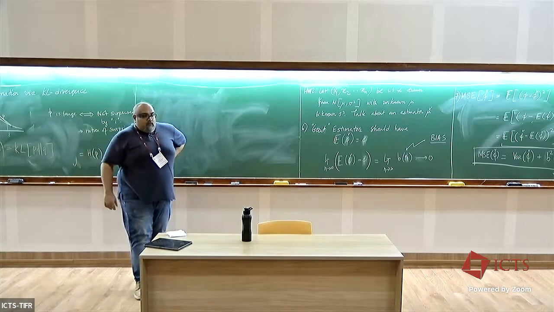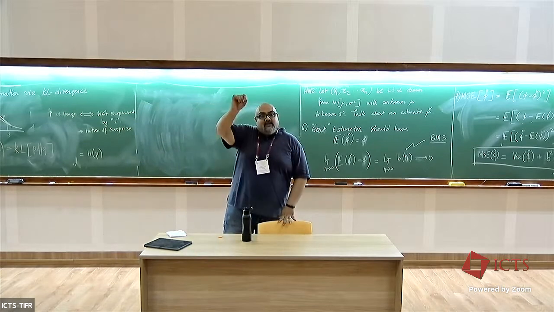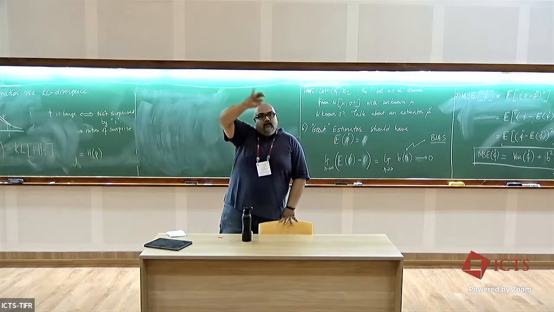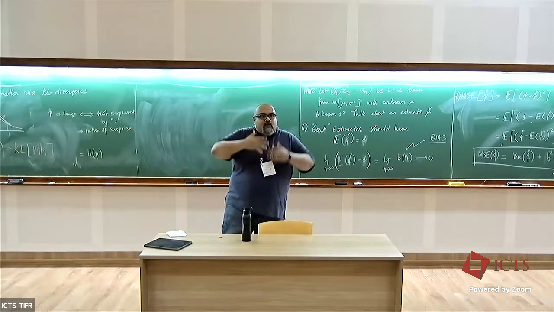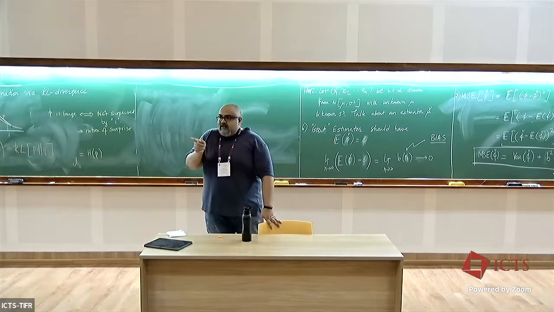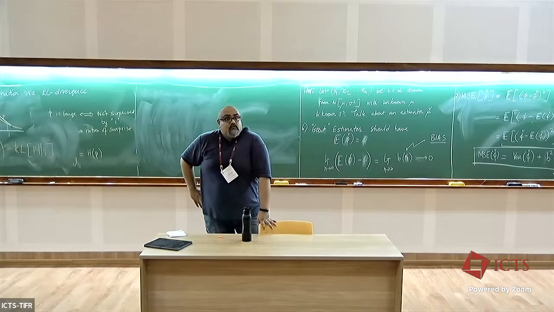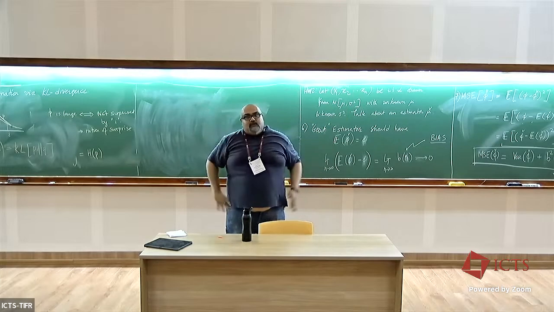So if I want to be surprised by a parameter change, phi going to phi plus d phi, say my beam splitter moves a little bit, or the transmission coefficient changes by a little bit, or my laser pointer tilts by a little bit, I want to be super surprised by it. I want to measure it very, very accurately. What do I want? I want the two probability distributions to be as far apart as possible.